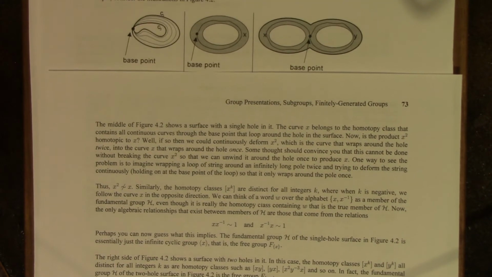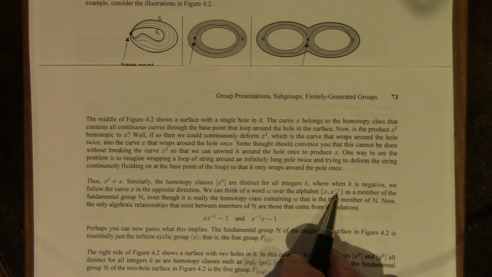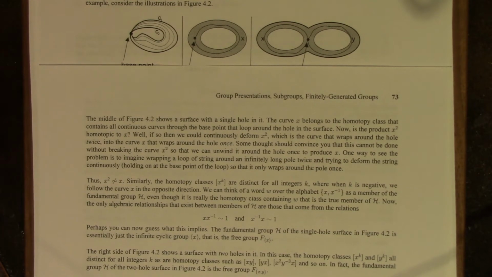Okay. So we can think of a word over this alphabet, XX inverse, as a member of the fundamental group. Even though it's really the homotopy class of that word that's the true member of the fundamental group, it's common to just take a single element from the homotopy class and call that a member of the fundamental group.